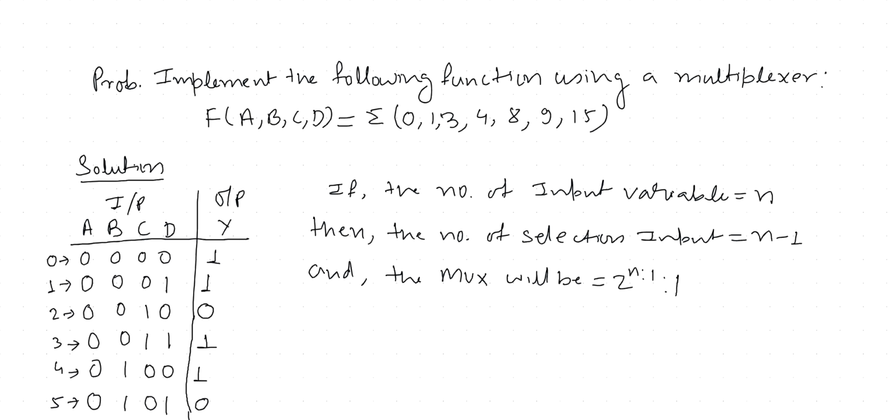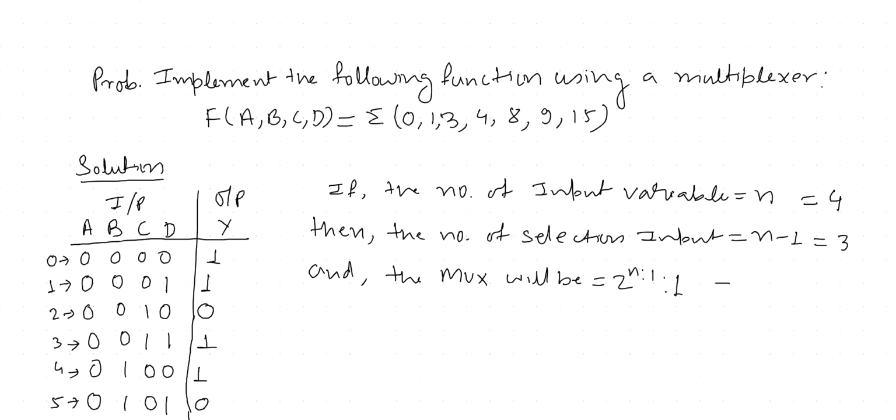So here in this case, as we can see, the number of input variables A, B, C, D. So here the number of input variable n equal to 4. Same the number of selection input. So it is 4 minus 1, that is 3.